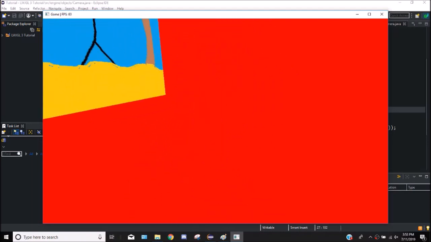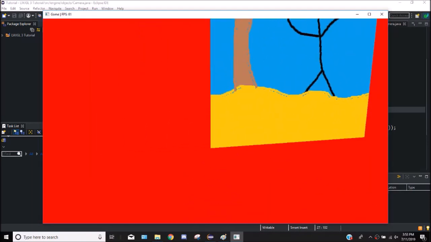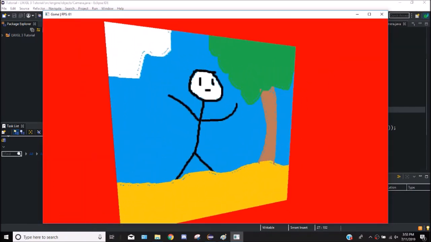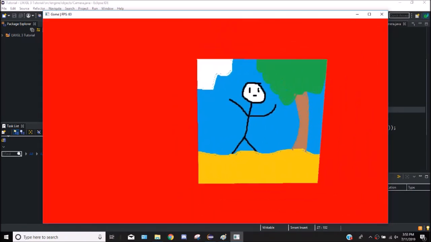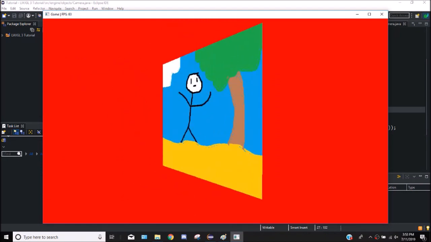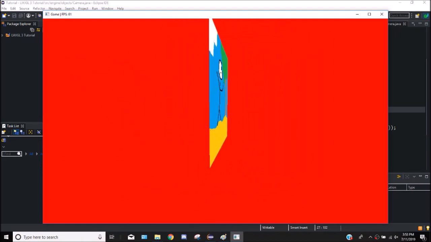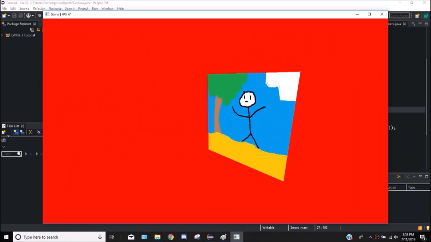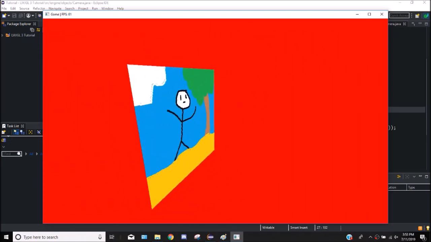We're finally able to get out of our camera restricted view of this flat plane, but it's just a flat plane. It's kind of boring. So we can spice it up by making this an actual 3D shape. Now in the GitHub in the description, go to tutorial number 13.